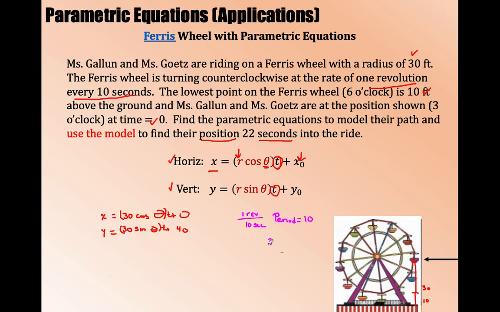What am I doing here? 360. 360 is all the way around, divided by my period. What do I get out of that? Remember, this is degrees, and period is unitless. So I've got 36 degrees. 36 degrees is the angle, right?